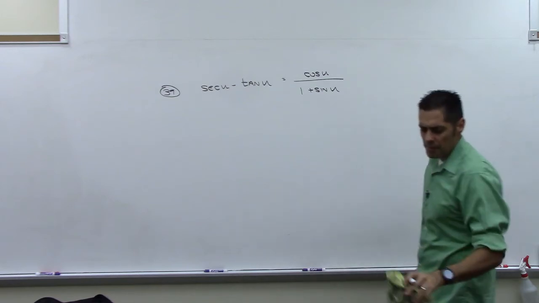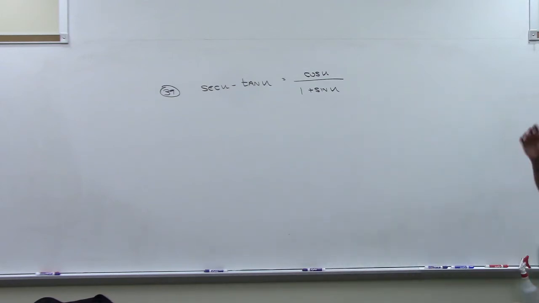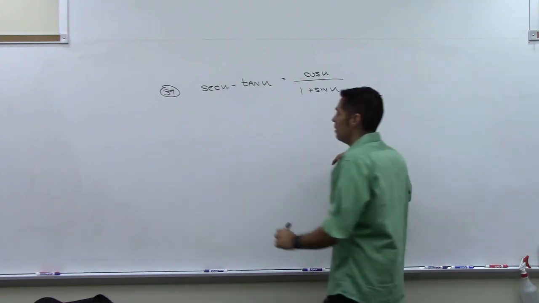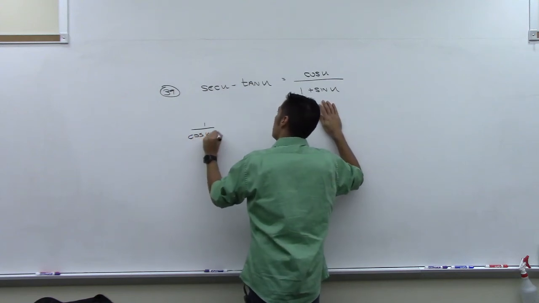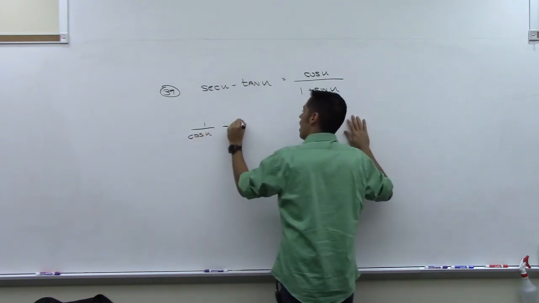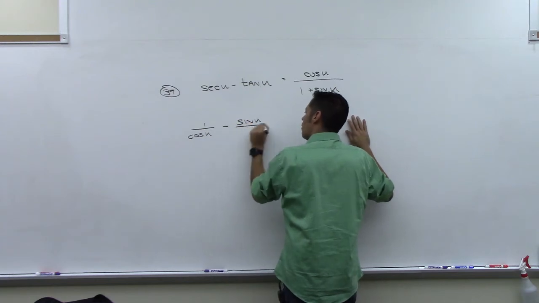All right, so we have some options here. We can start with the left side or the right side. I'm going to start with the left and see if I can turn it into the right. So I'm going to rewrite secant u as 1 over cosine u, and I'm going to rewrite tangent as sine u over cosine u.